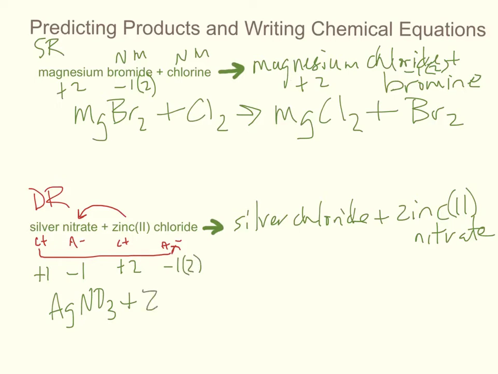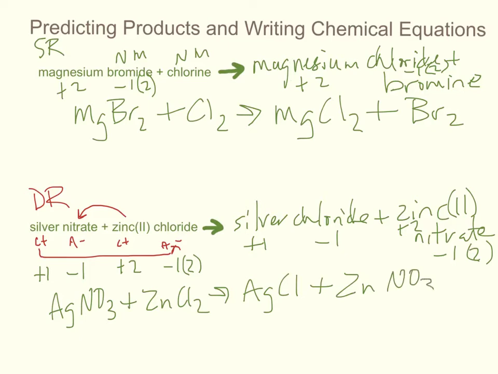So it's ZnCl2 yields. Silver is a +1, chlorine is a -1, so I'm going to have AgCl. And then zinc again is a +2, and nitrate is a -1, so I need 2 nitrates to balance that out. So I'm going to have Zn(NO3)2.